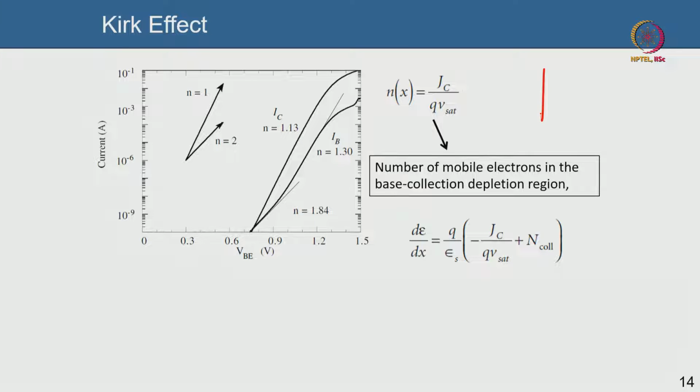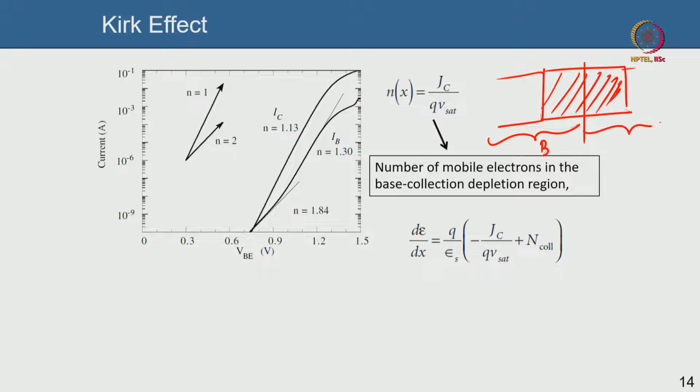When you have a base collector region, suppose this entire region is your depletion region between the base and collector. Suppose this is your entire base and this is your entire collector, and this red shaded part is your base collector depletion region. What is there in the depletion region? You have positively charged ionized impurities, because the depletion towards the base is typically very small.